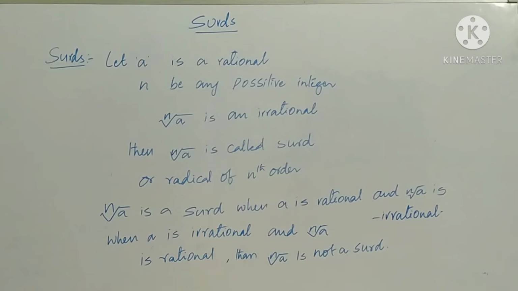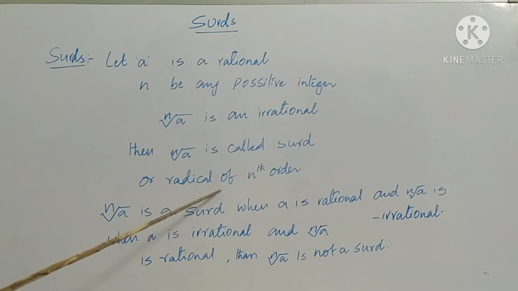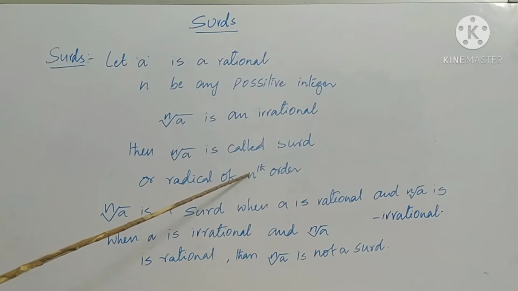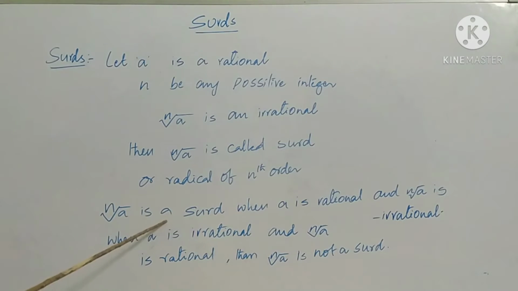In our 9th class first chapter we already learned about irrational numbers. Then the nth root of a is also called a surd or a radical of nth order. Here n is the order and the radical sign is used. So the nth root of a is a surd.